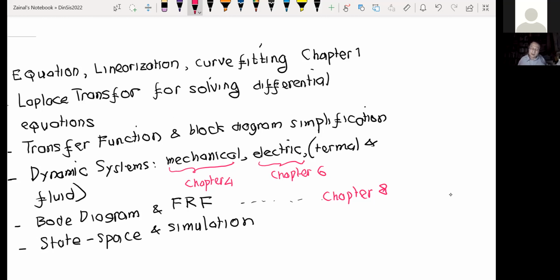Okay, and this one is actually state variable, chapter 5.